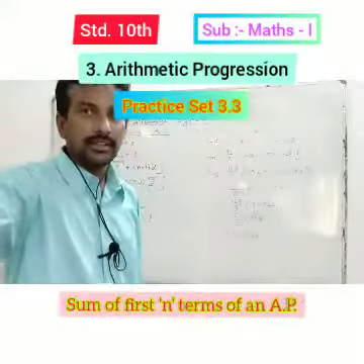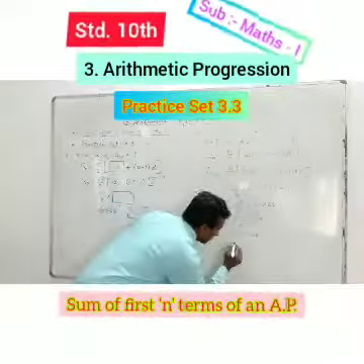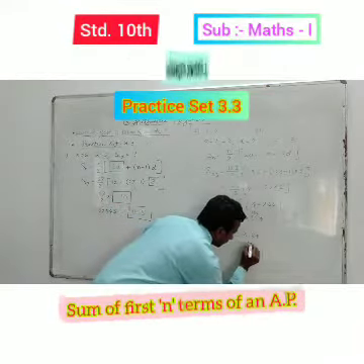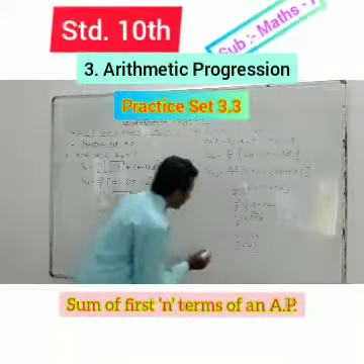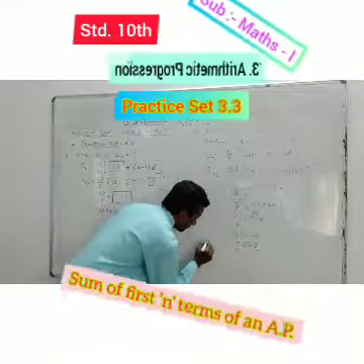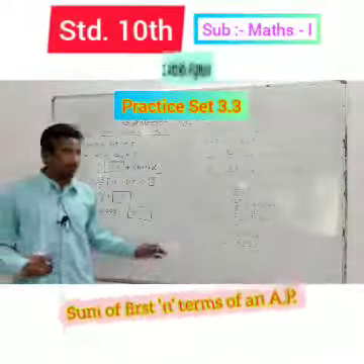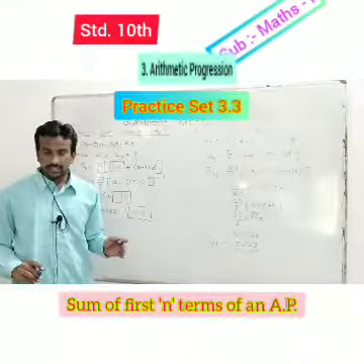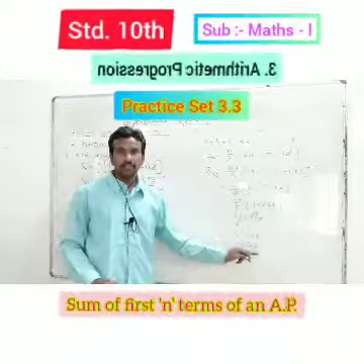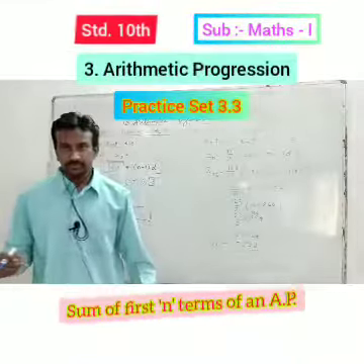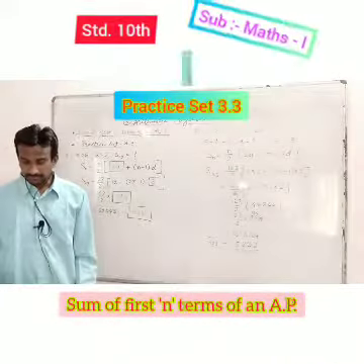We have to multiply these two. Then we get the number 15,252. Therefore, we can say that the sum of first 123 even natural numbers is 15,252. Got it? Okay. Now similarly we can solve the third example.